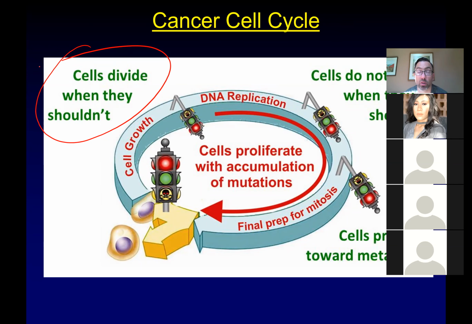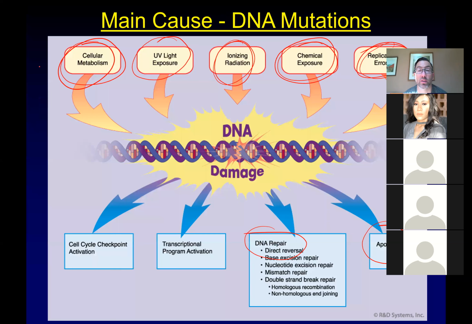So you need to either flip the on switch on, basically, or there are going to be some genes that we would call tumor suppressor genes, and their job is to detect and stop cells from replicating. So if you get a mutation in the tumor suppressor genes, then the cell never sees the stop sign. It never sees the red light or the stop signal. And so it never gets shut off. The lights are on and we've broken the switch. And now you can't turn them back off.